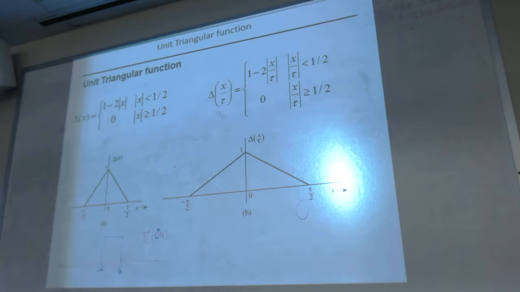Now we can do the same thing for the triangular function. This is the formal definition. So again, when you say absolute value of x is greater than half, it means that either x itself is greater than half, or x is less than negative half.